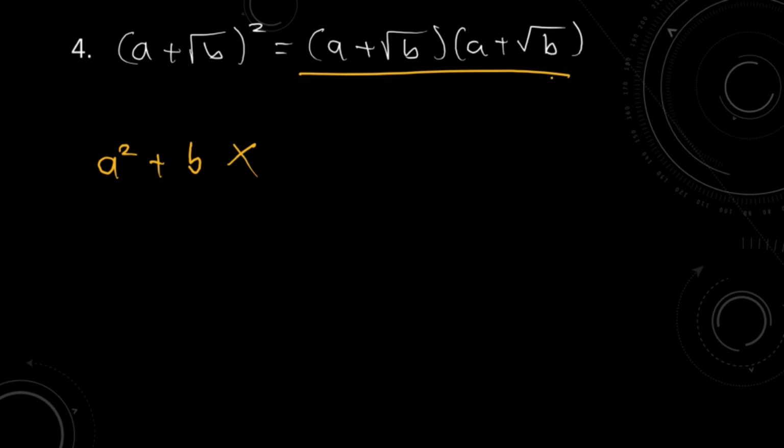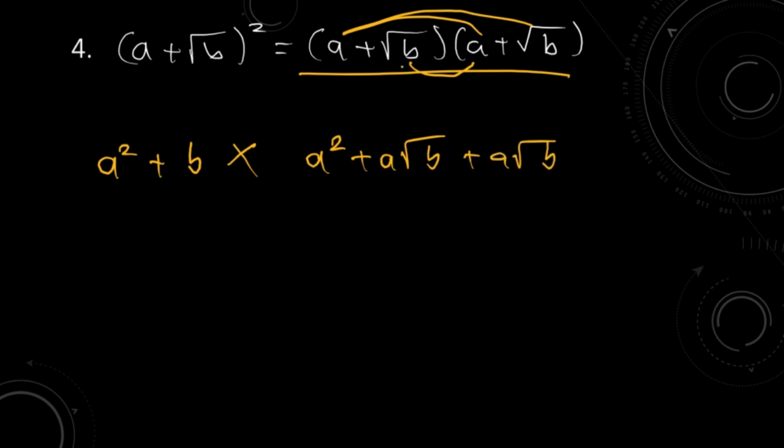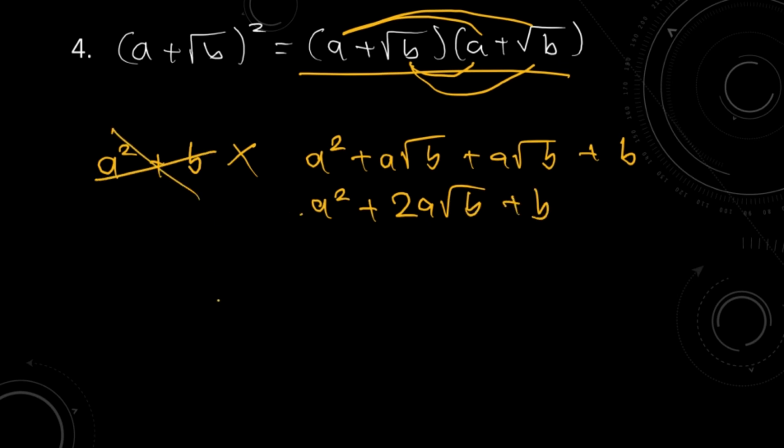Instead, you would have to expand it. You get A squared, A times A, and then A times square root B, so plus A square root B, and then square root B times A, so plus A square root B, and then square root B times square root B, which is plus B. Collect the like terms: A squared plus 2A square root B plus B, which is not this. So this is completely wrong.